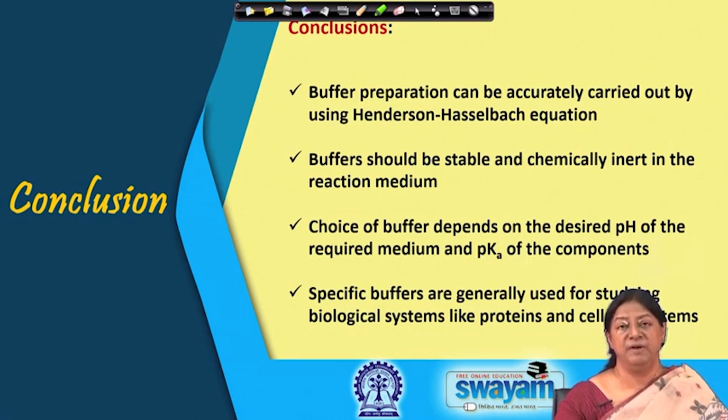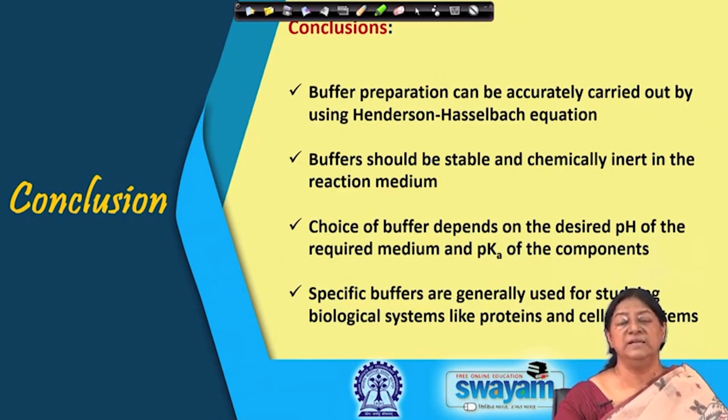So, the choice of buffer depends on the desired pH of the required medium and also the pKa of the components. The specific buffers used for biological systems like proteins and cellular systems or certain biochemical reactions are the common ones that we mentioned.